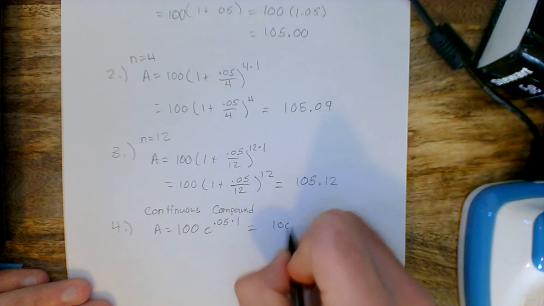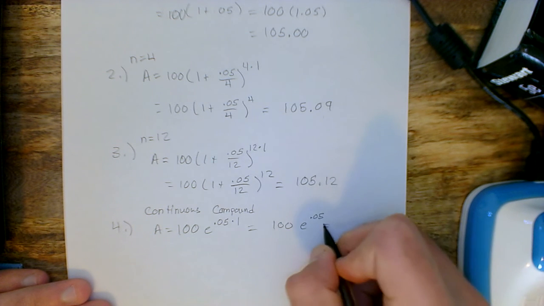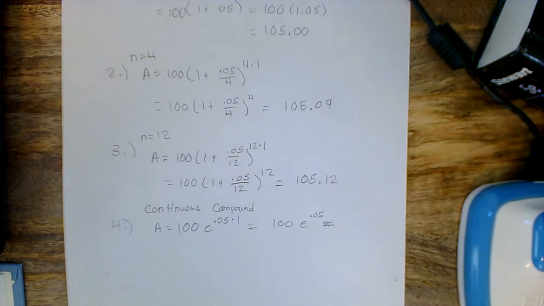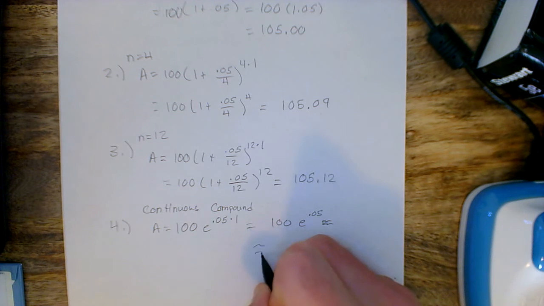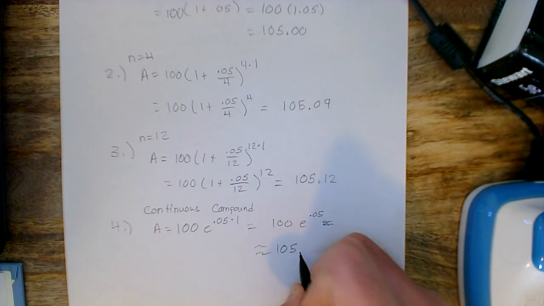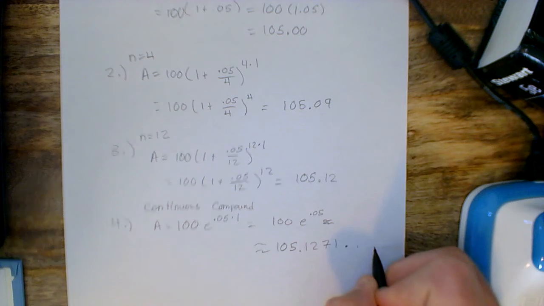So this is equal to 100 E to the 0.05, which is roughly equal to, you can do this on your calculator, 105.1271 going on forever.